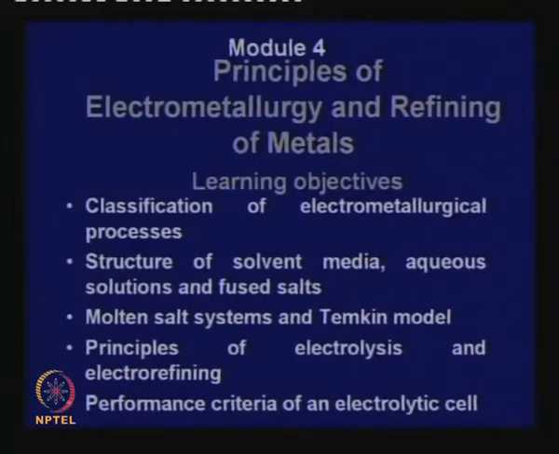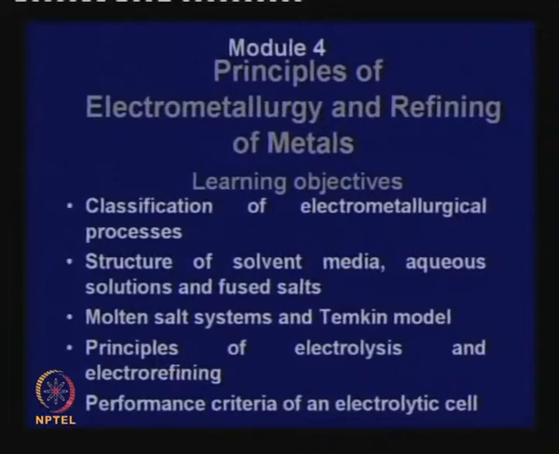So, electrometallurgy in a way is a step towards refining. That is why I have put them together. Secondly, electrometallurgy has come in the history of metallurgy much later than pyrometallurgy and hydrometallurgy, because electrometallurgy had to depend on the invention of electricity. Otherwise, you would not have electrometallurgical processes.